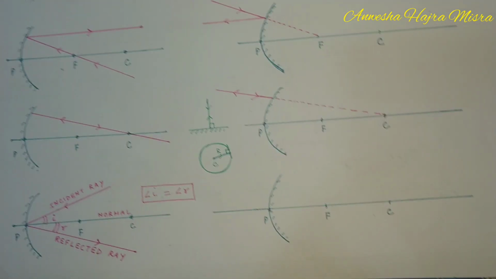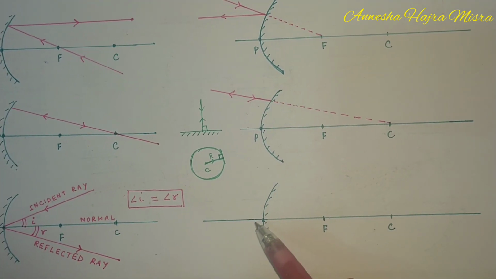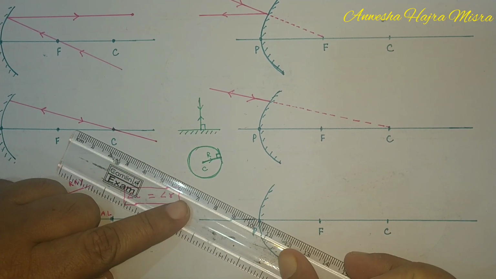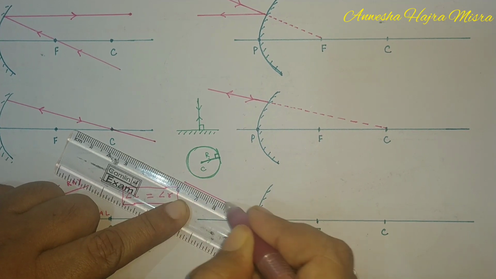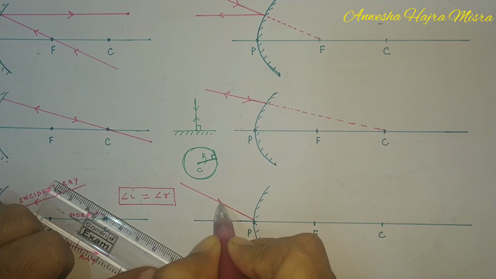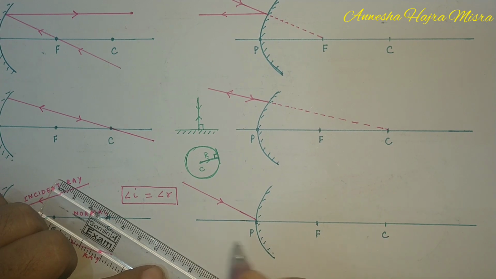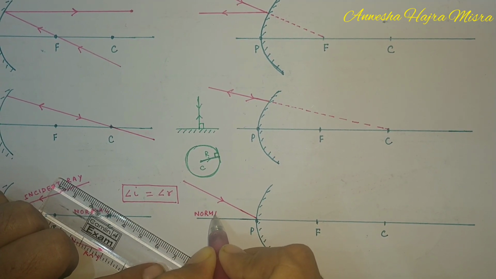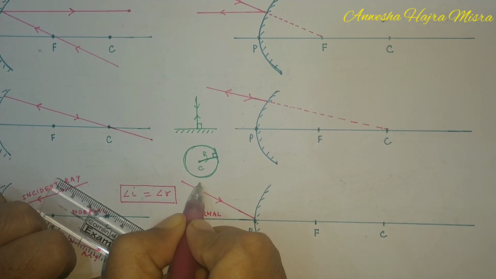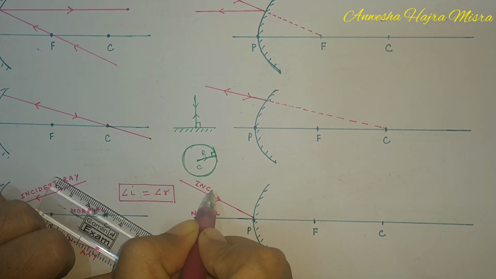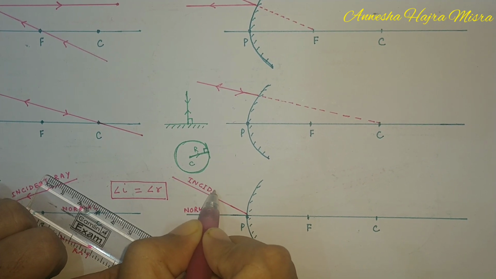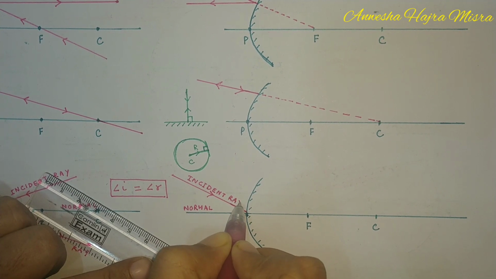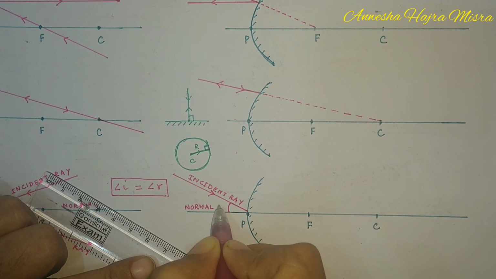Now here, will light fall on this side or this side? Light should fall on the reflecting surface. So this is my incident ray. Line through the center of curvature is my normal. This is my normal. This is my incident ray. This is my angle of incidence.